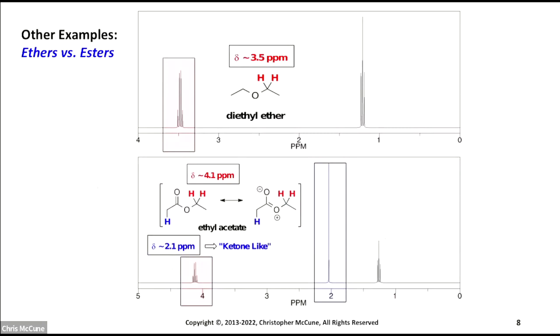These are just some other examples. You can see different environments. They both have oxygens next door, but one's an ester, one's an ether. Once again, here's the ketone-like side. Excuse me, this is incorrect, I'm sorry. I'm talking about the chemical shift of these hydrogens, and I've shaded them the right color.